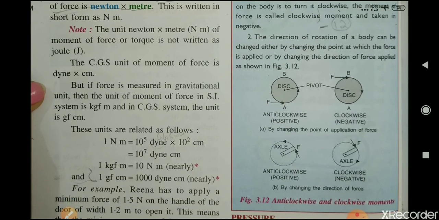The second point is that the direction of rotation of a body can be changed either by changing the point at which the force is applied or by changing the direction of the force applied.